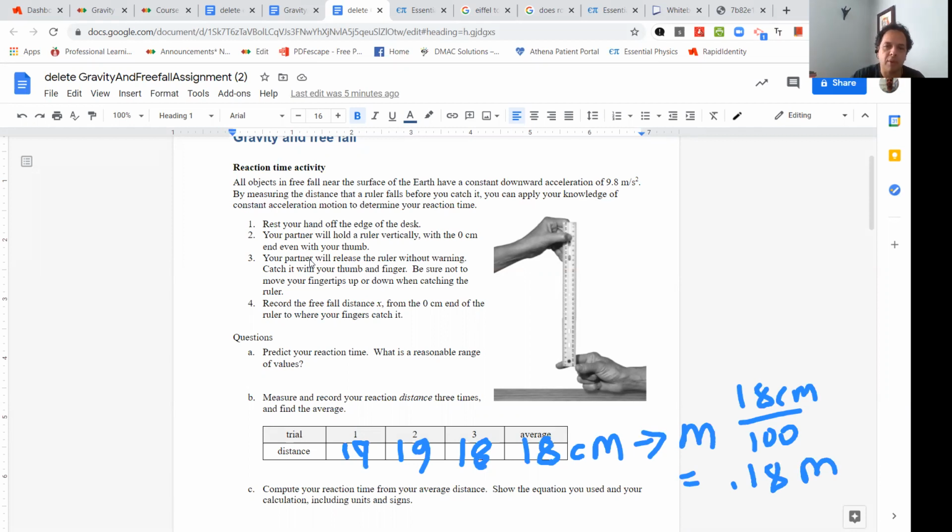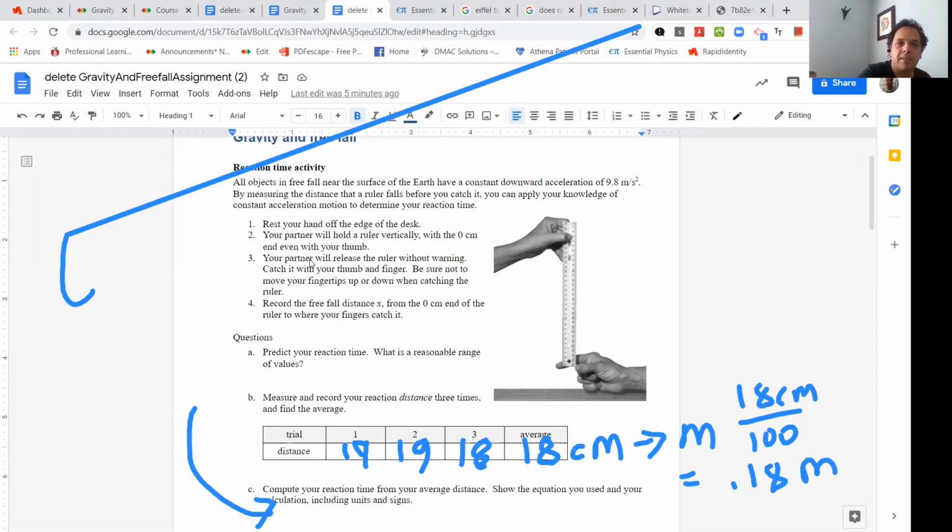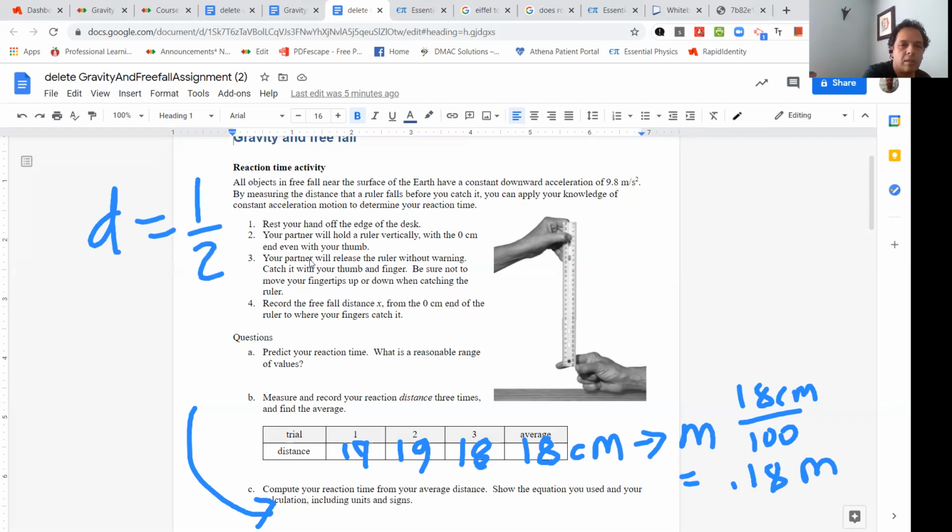Compute your reaction time. Okay, so to do C, we're going to take this equation and solve for T. I multiply by 2, divide by g, and take the square root. So time is equal to the square root of 2d over g.